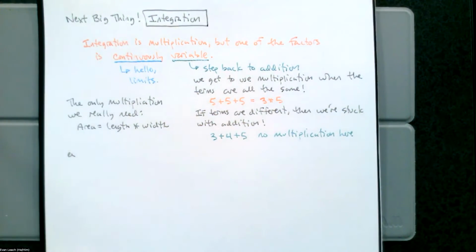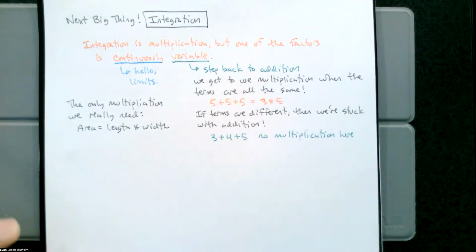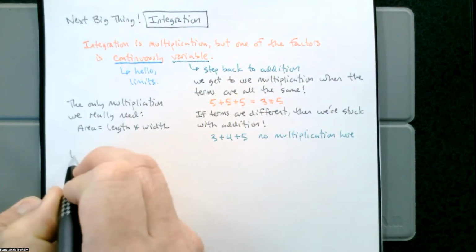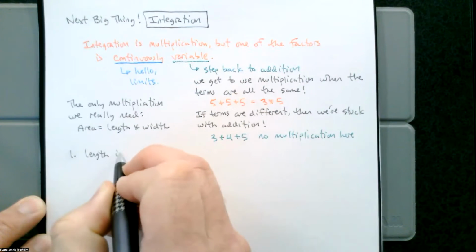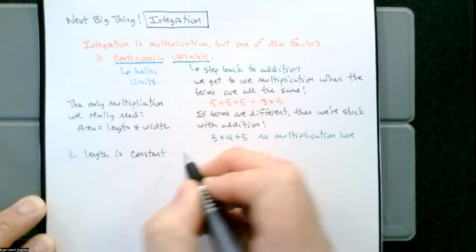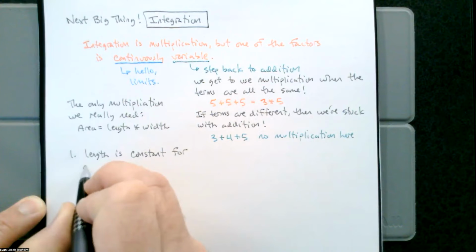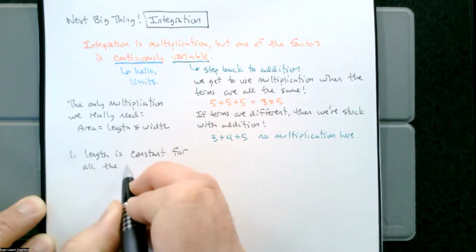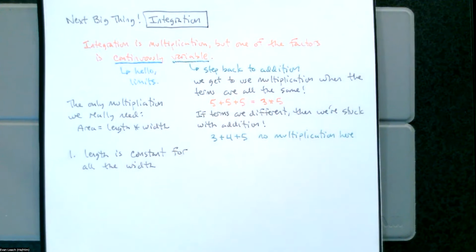Let's say stage 1. Stage 1, the length is constant for all the width. This is just a multiplication problem.